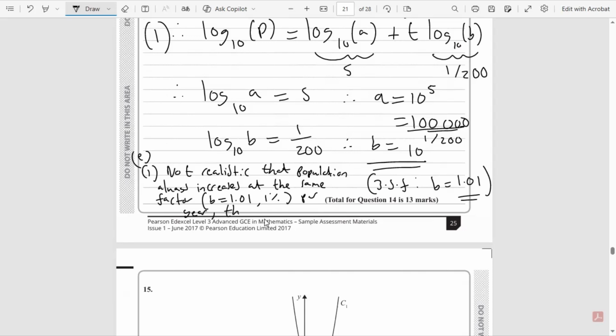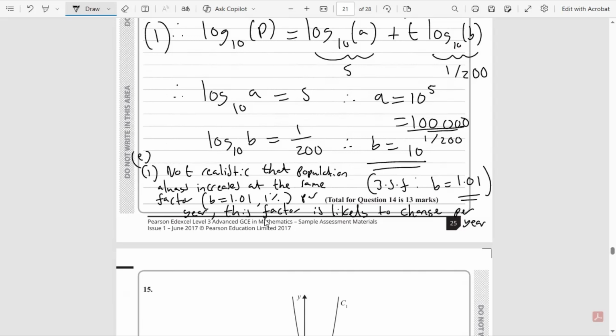So we can say that this factor is likely to change per year. So that's one reason you could say.